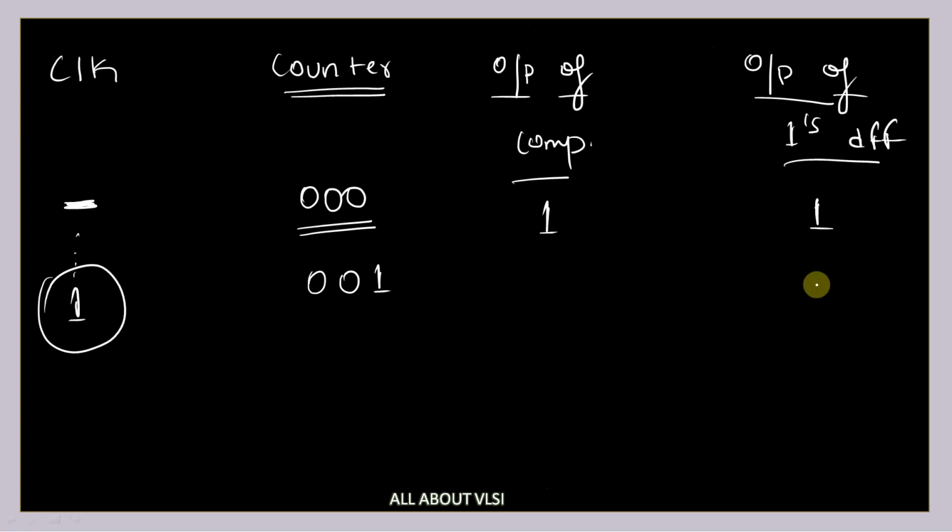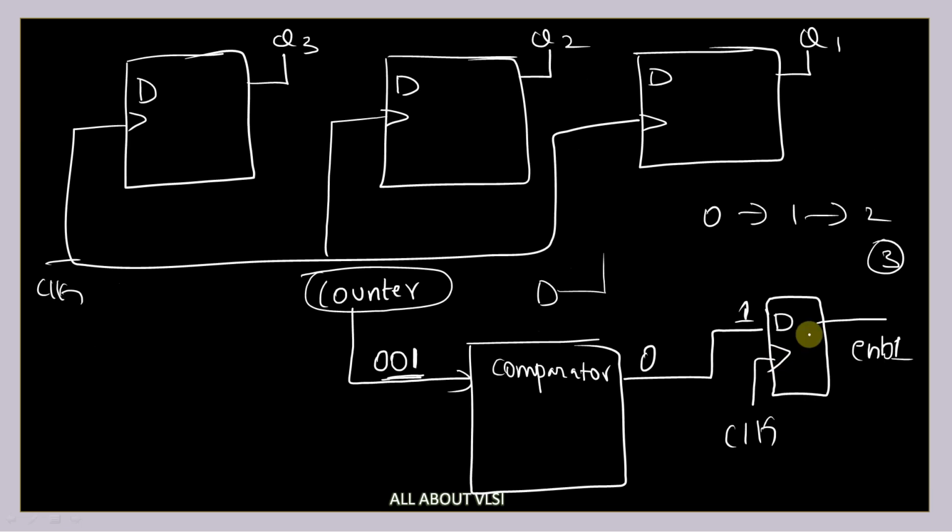That's why at the first passage of clock also we are going to get 1 only, and your output of comparator will be 0 only, but your output of this flip-flop will become 1 because at the first passage of clock these two flip-flops are running parallelly. Your counter value is getting updated to 001.